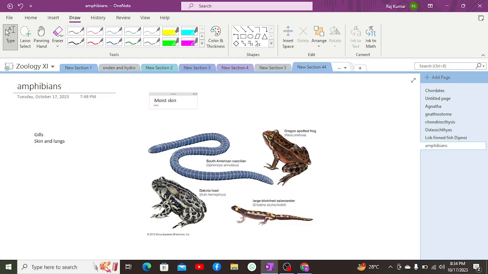They are having a smooth, moist skin, which is having several glands inside it.